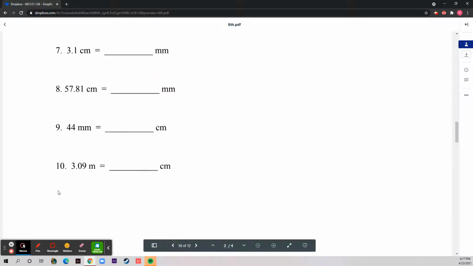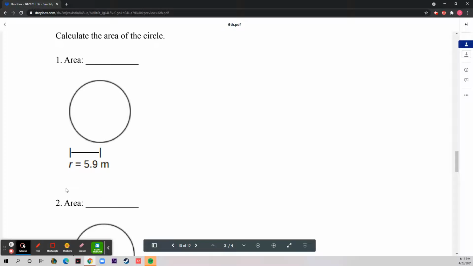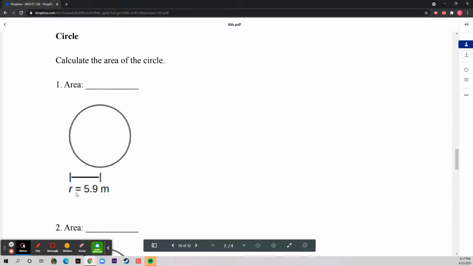Okay. All right. So it says to calculate, this next section is just circles. It says to calculate the area of the circle, and it gives you the radius of 5.9 meters, and the area is pi r squared.